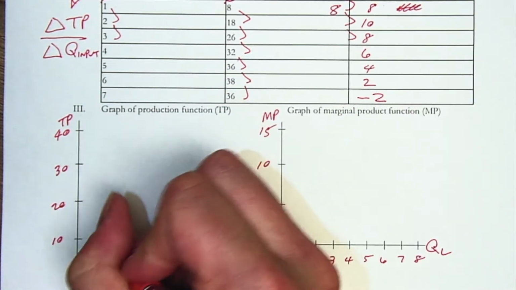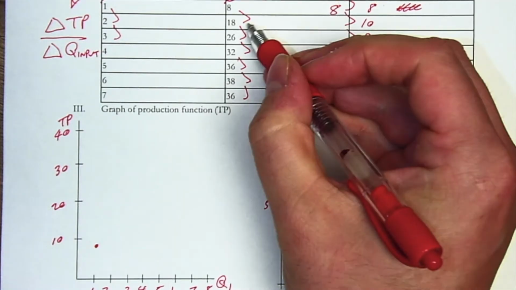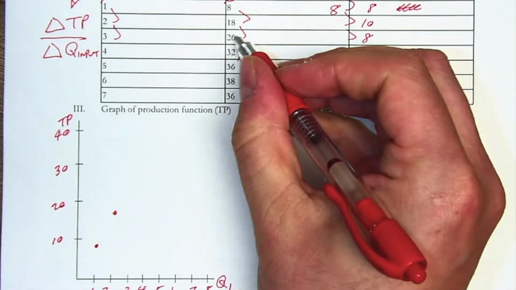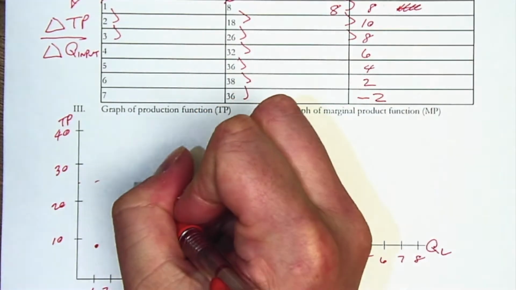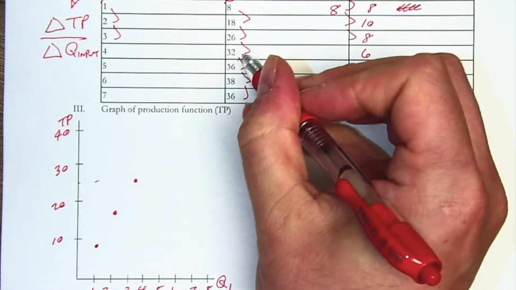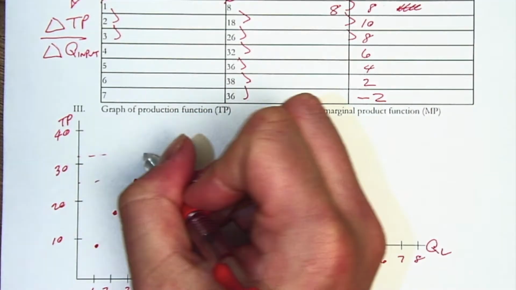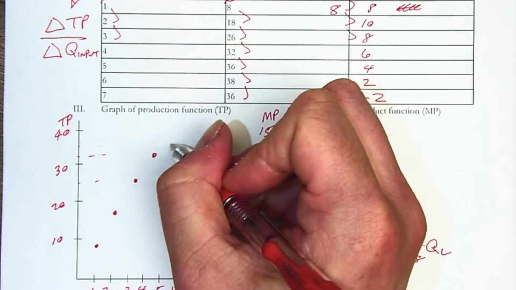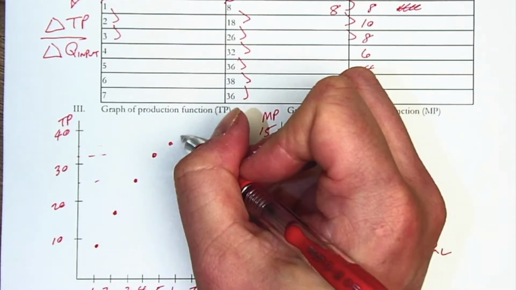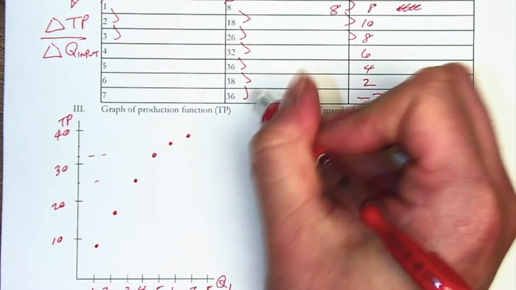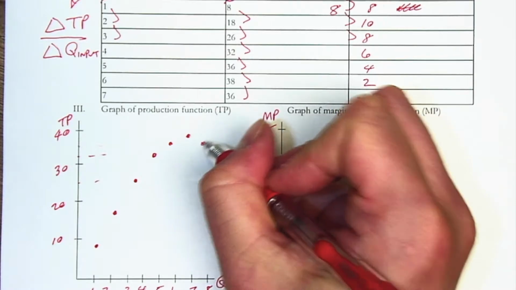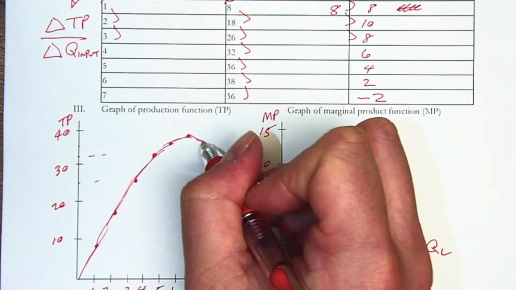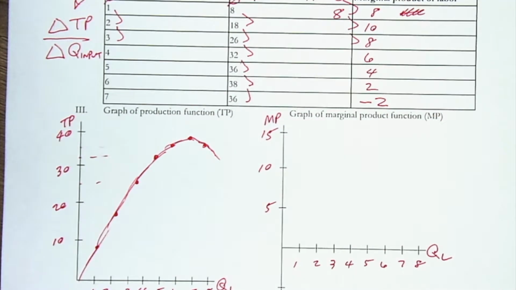So 8, that's going to be roughly here, and 2 is at 18, so that's going to be roughly there. 3 is 26, so that's going to be about there. 32, that's going to be roughly about there. 36, there. 38, there, and then 36 there. So if we kind of connect these, you get this nice looking graph like that.